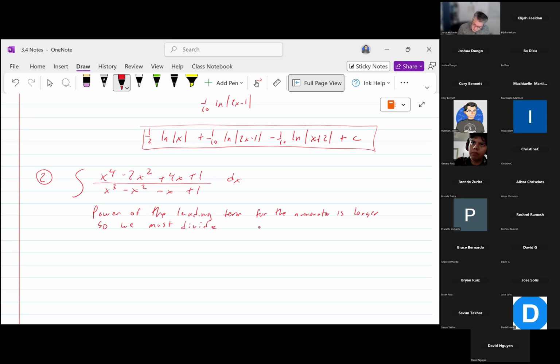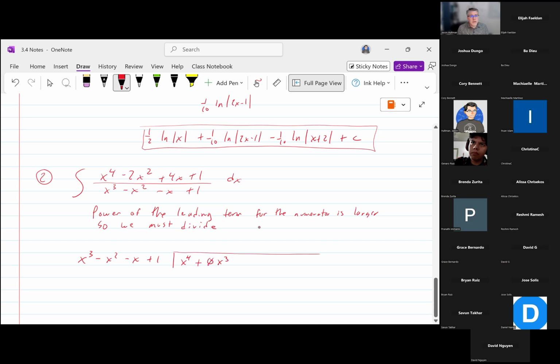So we're going to put the x cubed minus x squared minus x plus 1 on the bottom, on the outside. And then we're going to put this guy on the inside. Now, I take x to the 4th, and then I put plus 0x cubed.